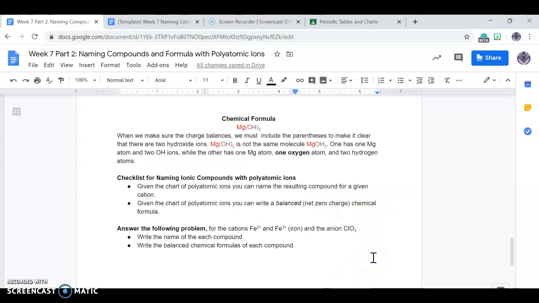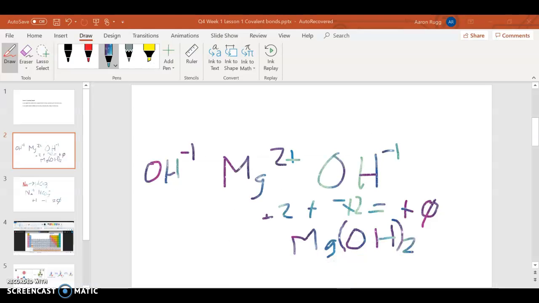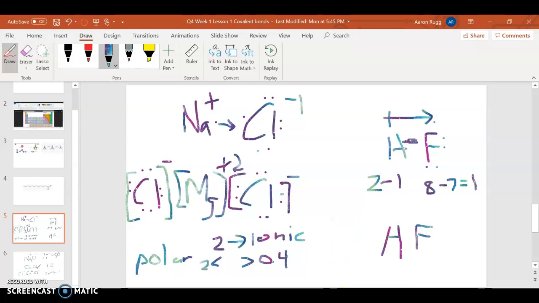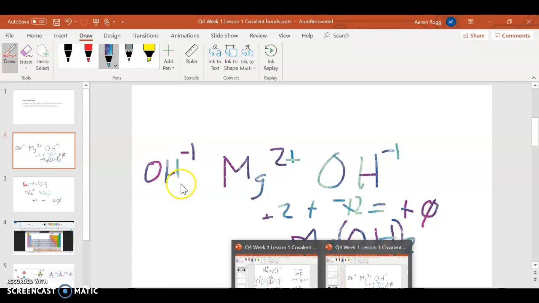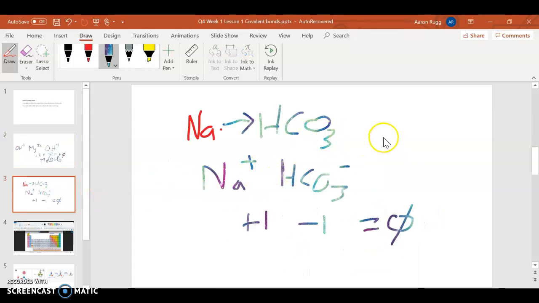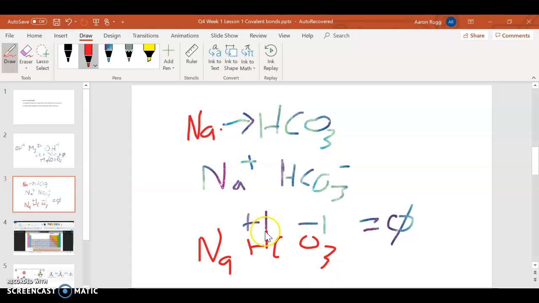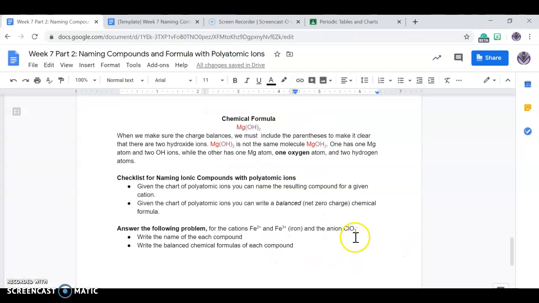Again, the only tricky piece is whether or not you have to add those parentheses. Now remember, you wouldn't add the parentheses if they balance out. I don't need to add the parentheses in our first example, right? I can just write NaHCO3. That's balanced. So you wouldn't need to put parentheses here because it's one hydrogen carbonate, okay? Just wanted to point that out.